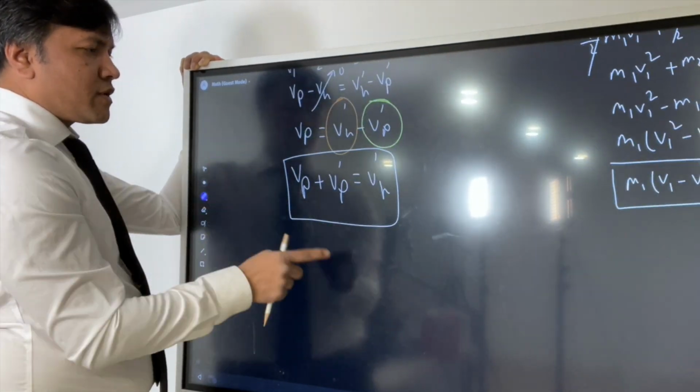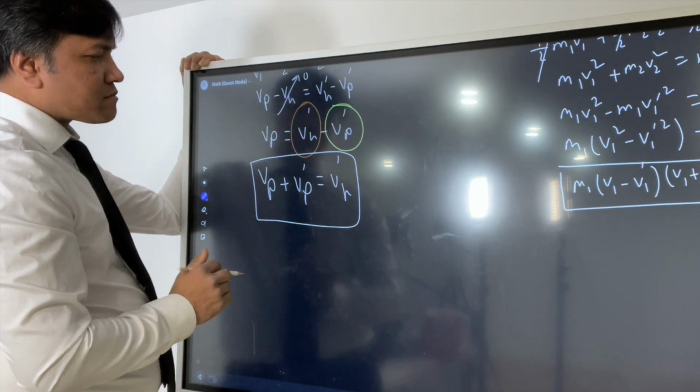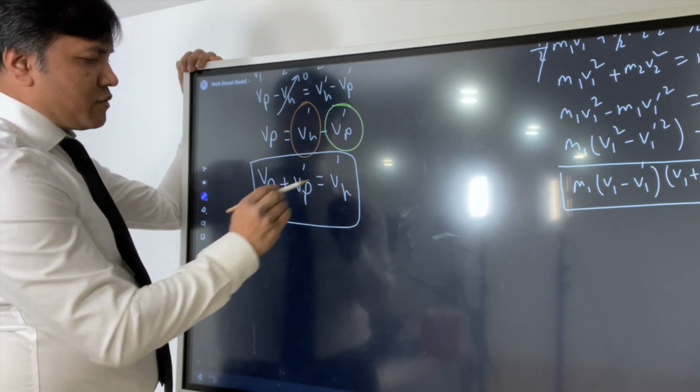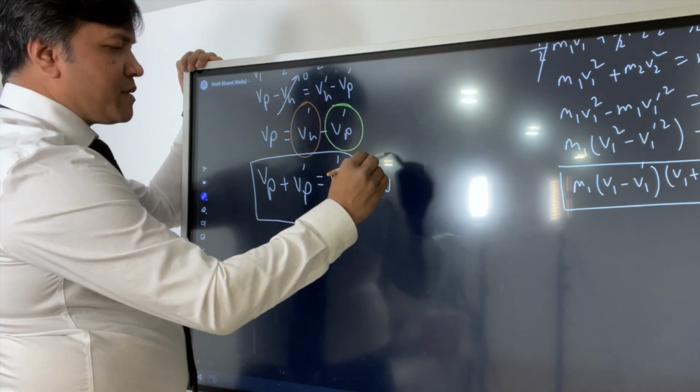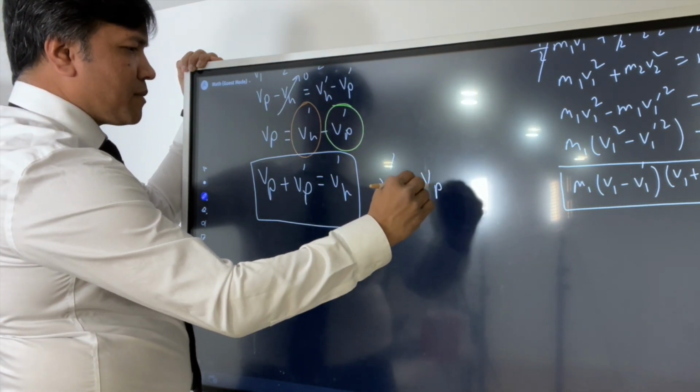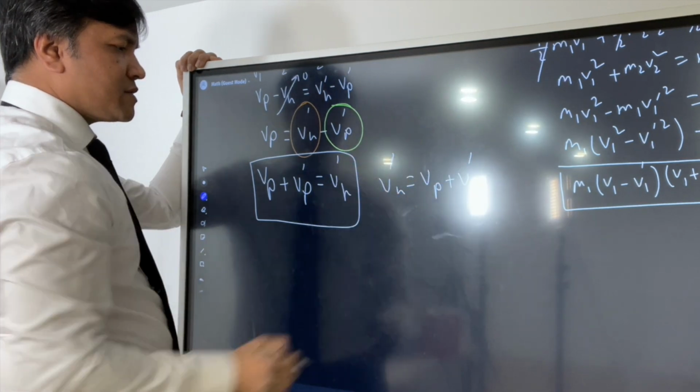Now we're going to isolate the other one. Alright, so this is V prime H. So we have V prime H is equal to VP plus V prime P. Good.